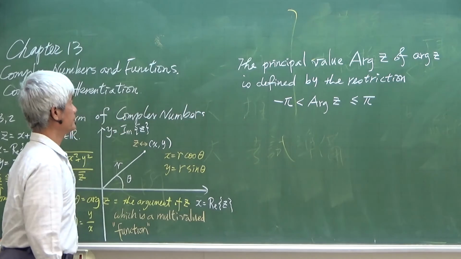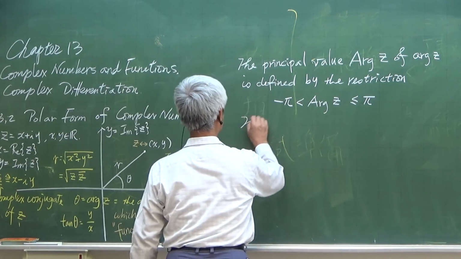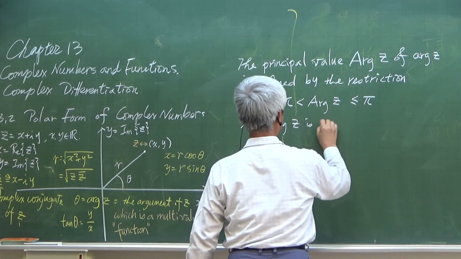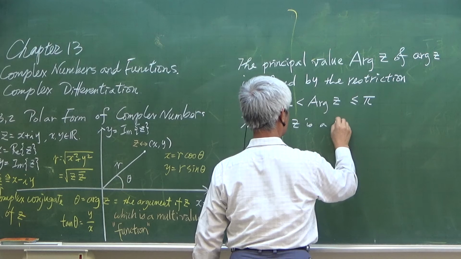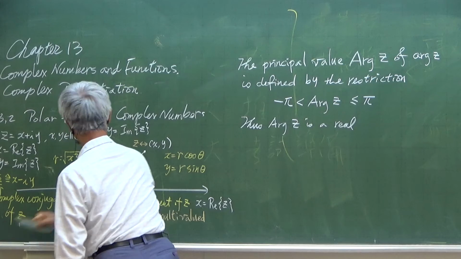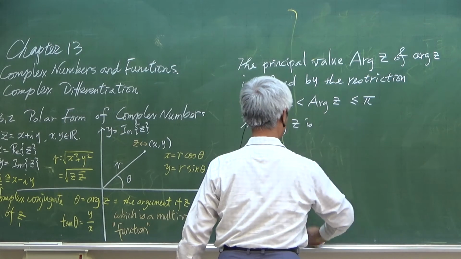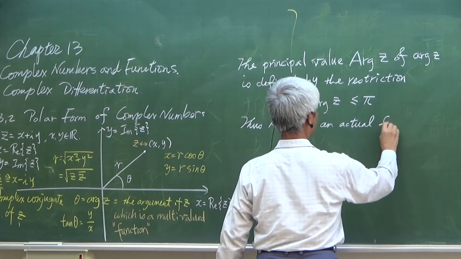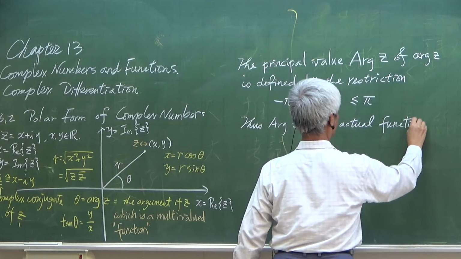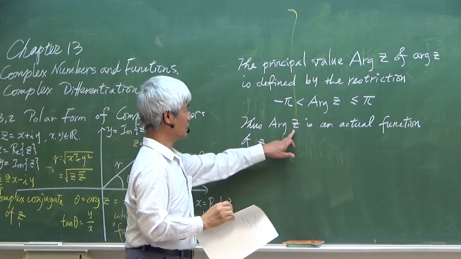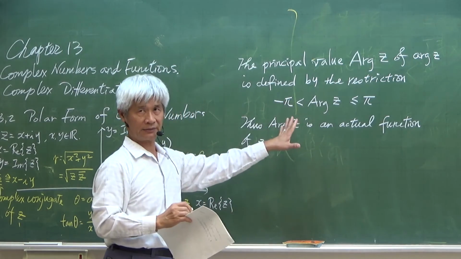Okay? So thus Arg z is a real, an actual function of z, because each z corresponds to a value, an angle.